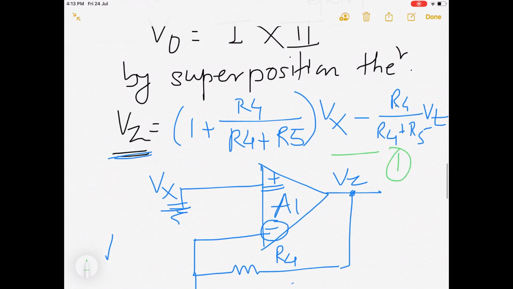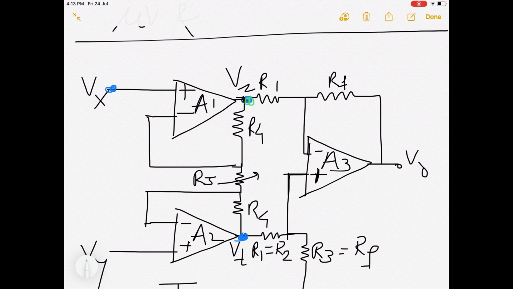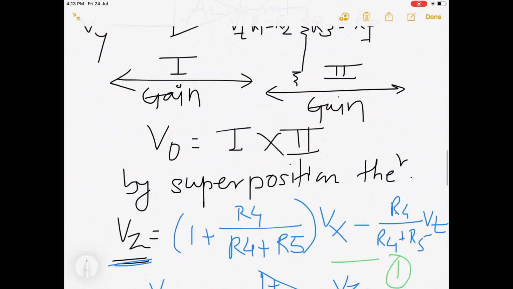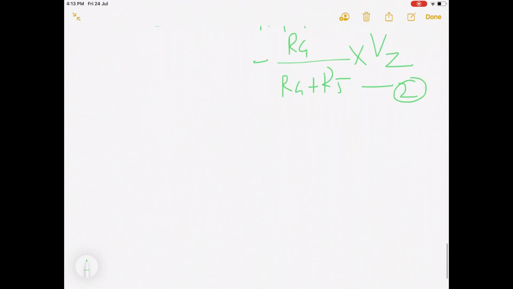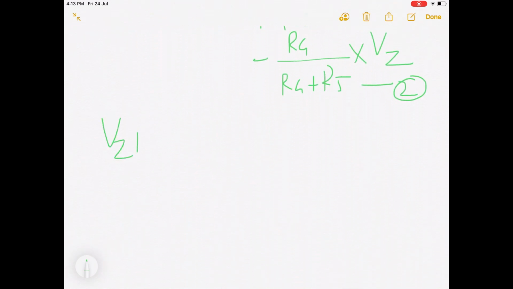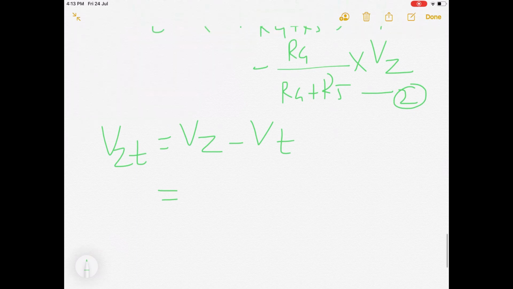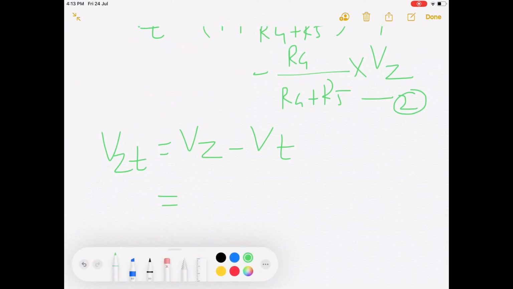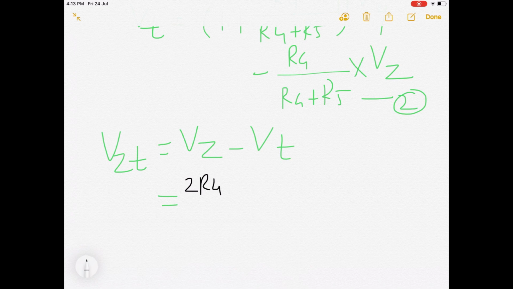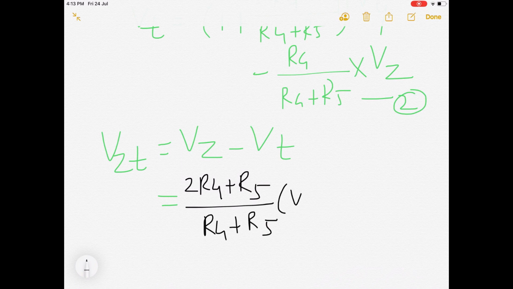So 2 voltages we got from this, Vz and Vt. Now what is the Vzt? Vzt is nothing but Vz minus Vt. So do subtraction of these 2 voltages and finally here you will get 2R4 plus R5 divided by R4 plus R5 into Vx minus Vy plus R4.